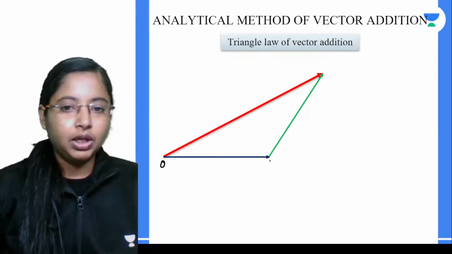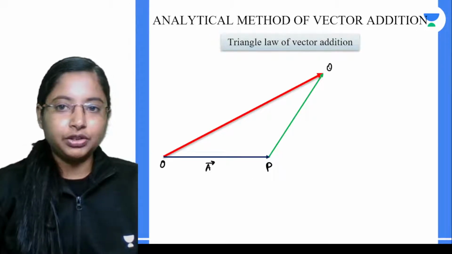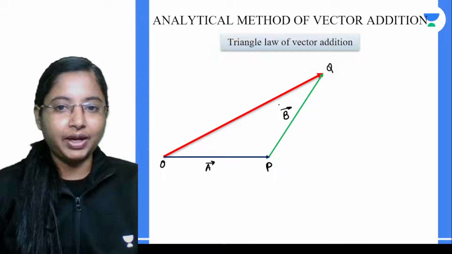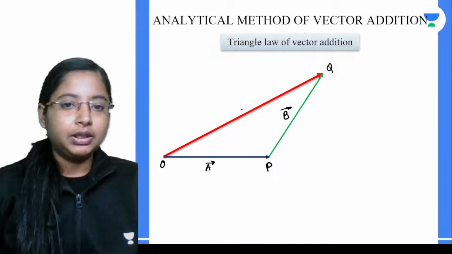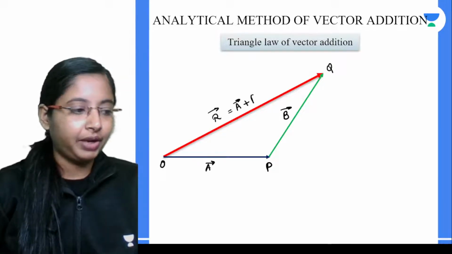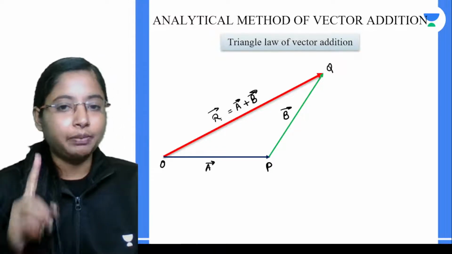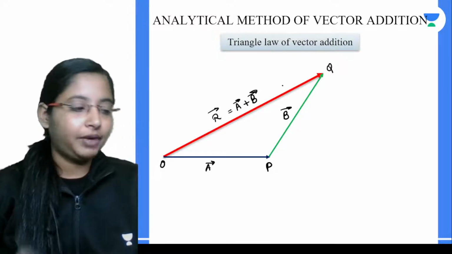Let's say this is O, this is P, and this OP side represents vector A. Now let's say this is Q. This PQ side is another vector, which is vector B. The resultant R vector is given by OQ. The R vector is nothing but the addition of vector A plus vector B. So we want to find the magnitude of this R vector as well as the direction.